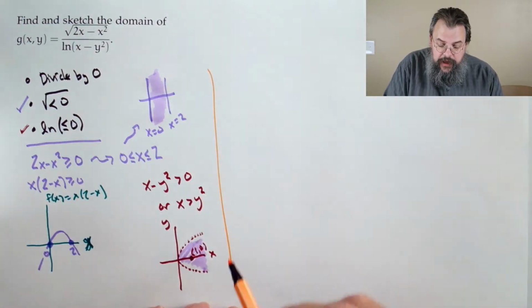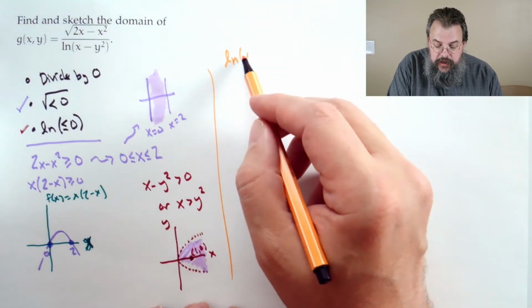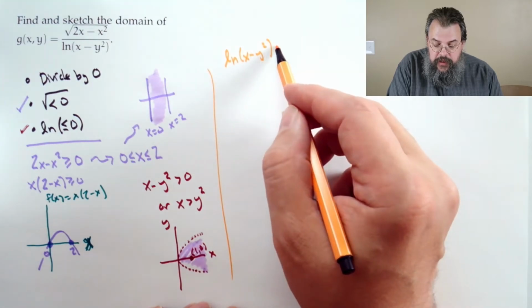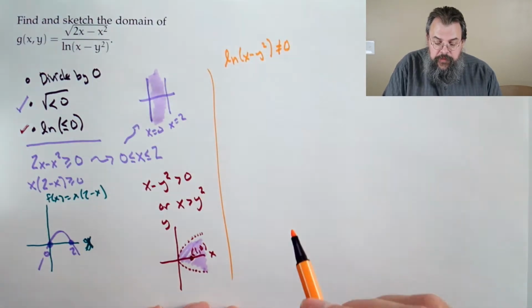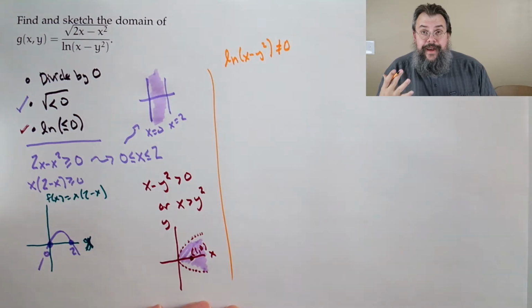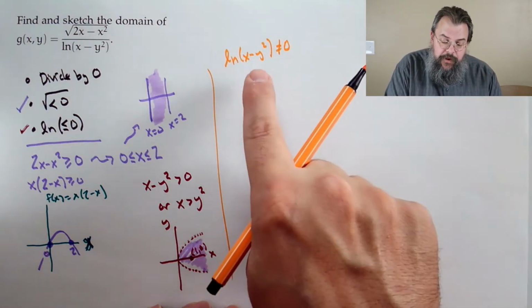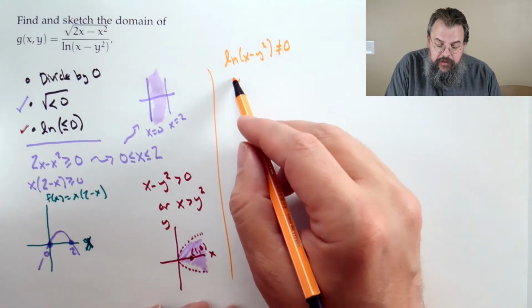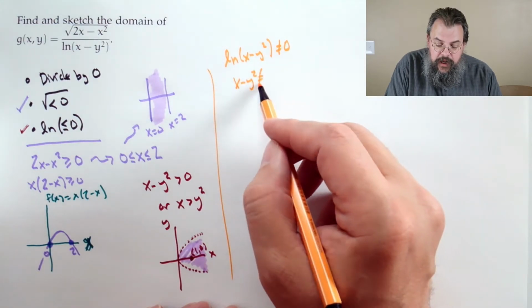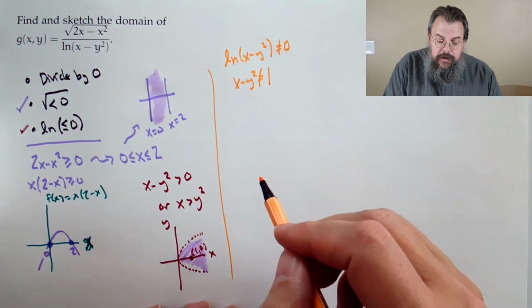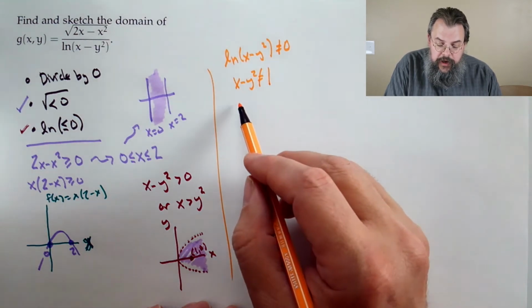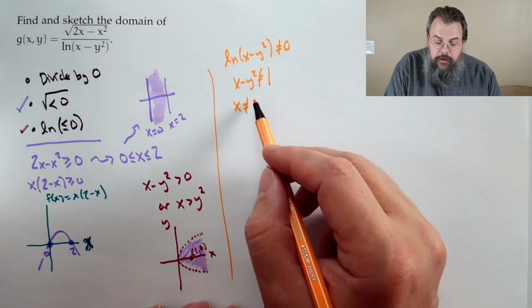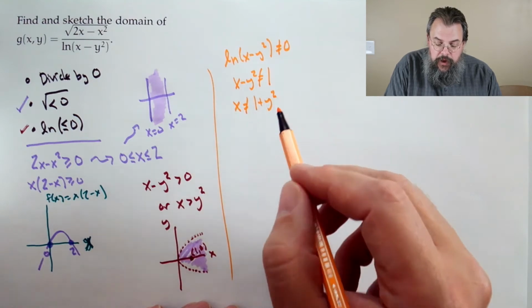So we need to have natural log of x minus y squared is not 0. Well, okay, so that's what we need. Now, the only time a log of something equals 0 says, hey, that means I need x minus y squared is not 1. All right, or I say, look, x cannot be 1 plus y squared.